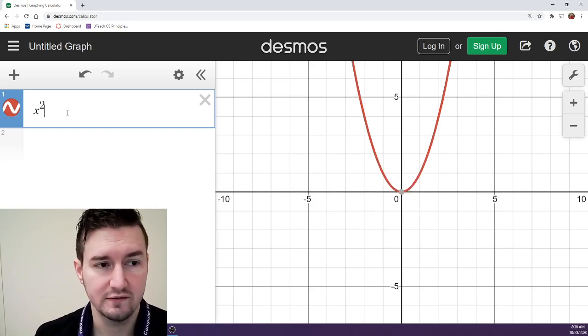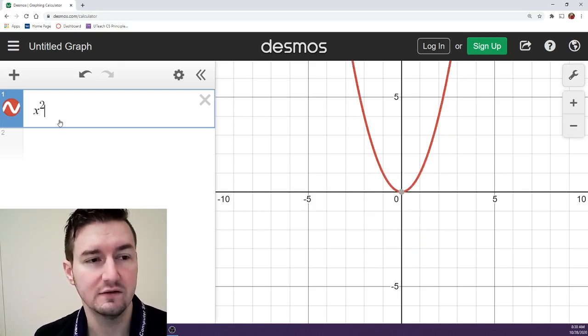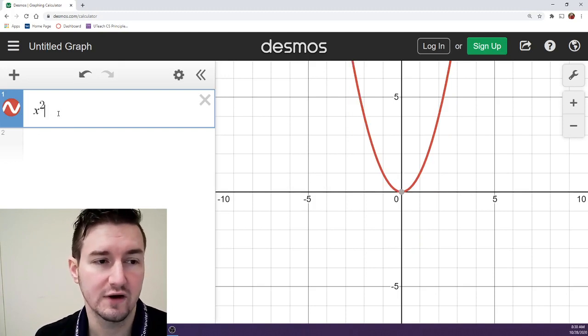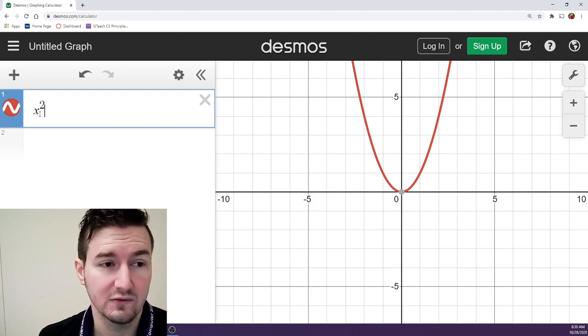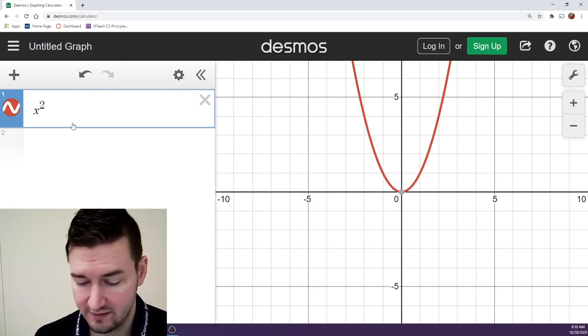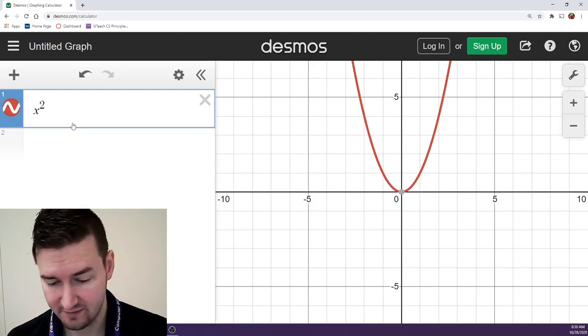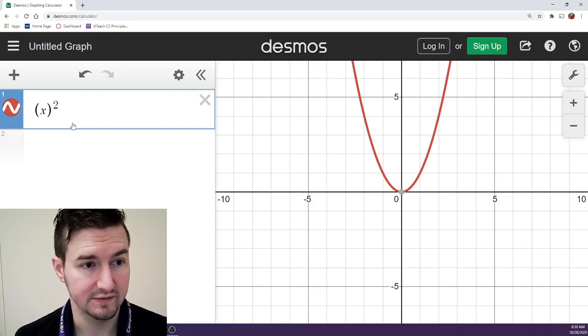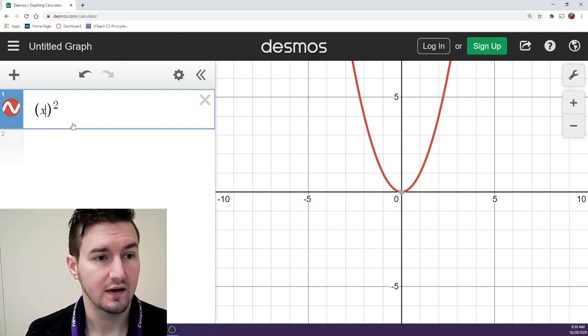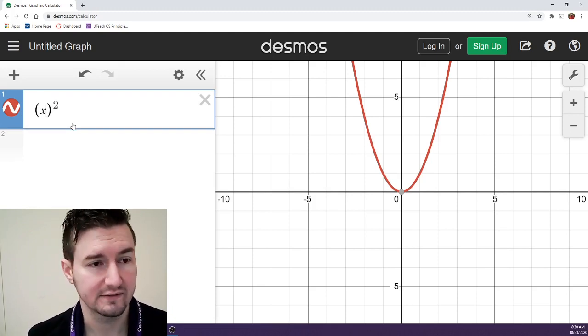Now what if we wanted to move it left and right? To do that, we're actually going to add or subtract inside the x, or before we square it. So over here, we're going to open up our x and put some parentheses right around the x, and then we're going to add or subtract right next to the x.